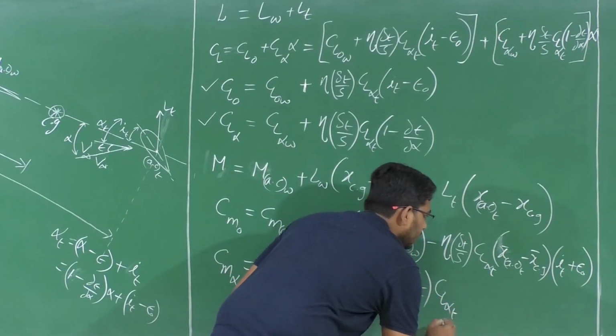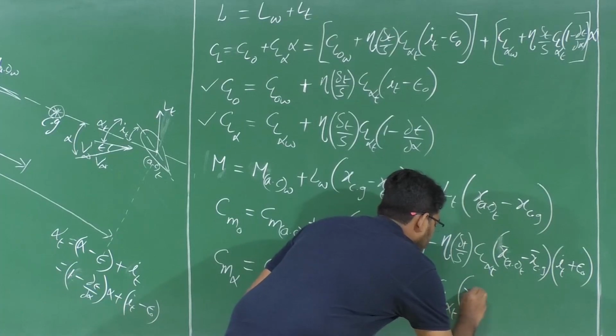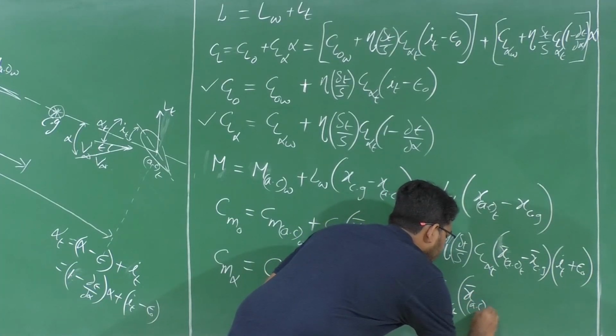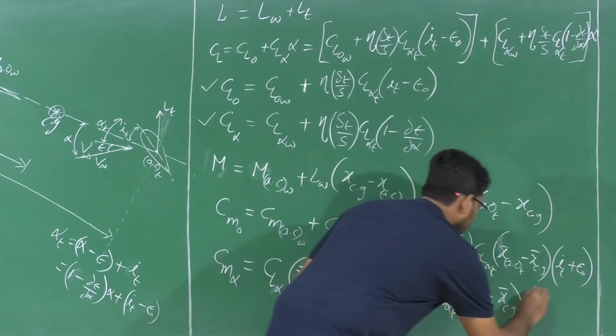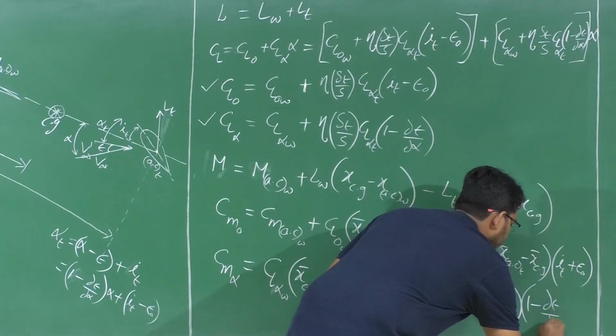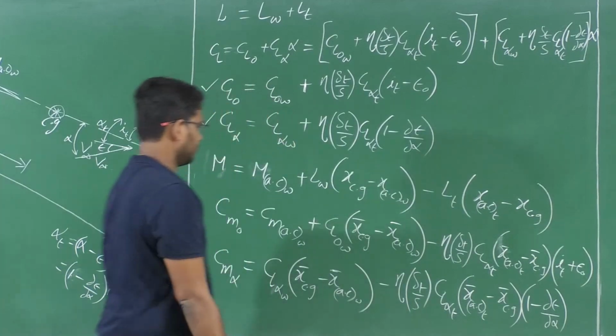CL alpha of tail times x bar AC of tail minus x bar CG times 1 minus dou epsilon by dou alpha.